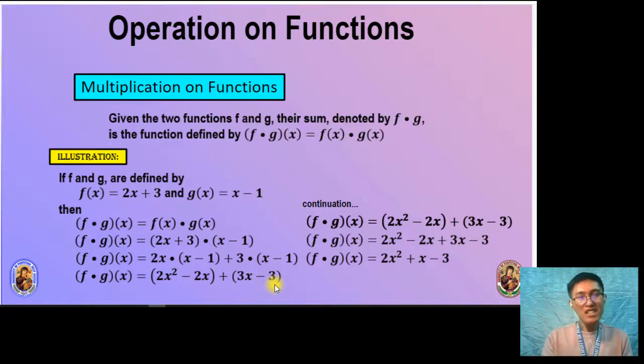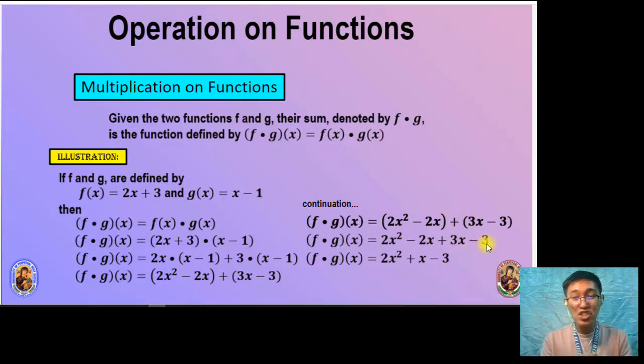And this time, we will proceed now to addition on functions by distributing the positive symbol in the given terms here in the addends. That would be positive times 3x is positive 3x, and positive times -3 is -3.